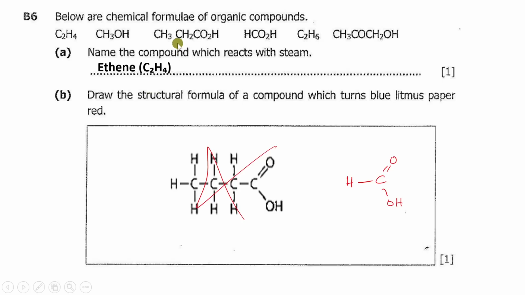If we check at this one, if we try to count the number of carbon, 1, 2, 3, 3 carbon, here 1, 2, 3. So I'm trying to answer for this one. I'm looking at this because the rest, I can't see them.